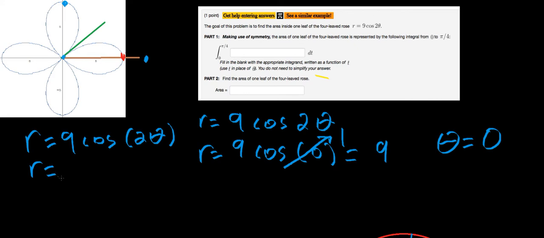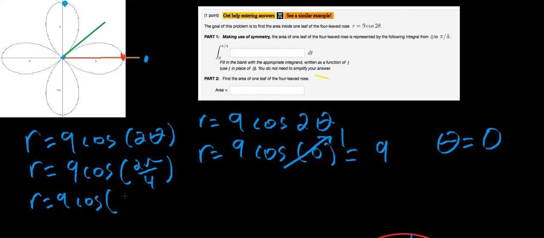So I say, well, theta equals pi over 4 does that, and we test it. 9 cosine 2 pi over 4, because 2 times pi over 4 is 2 pi over 4. r equals 9 cosine pi over 2 equals 0. So theta is going from theta equals 0 to theta equals pi over 4. And now we can confirm that that is indeed half a leaf.